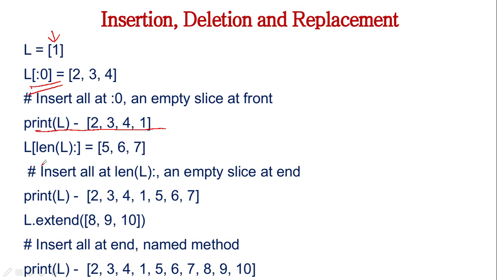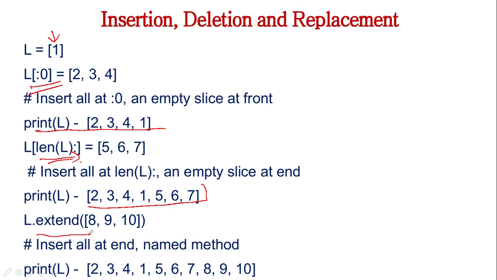And if you say len of L colon, then len of L actually will say the number of elements, and it is going to insert at that particular position. So you will see the resulting elements as this one, right? Len of L colon equal to 5, 6, 7 means this 5, 6, 7 will be inserted at the end of the L. Already L contains 2, 3, 4, 1. So in addition to that 5, 6, 7 is also added.